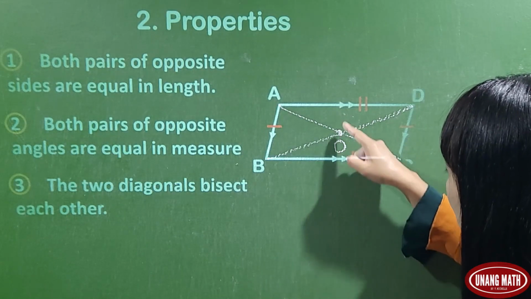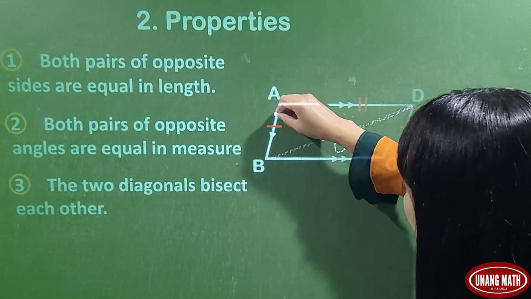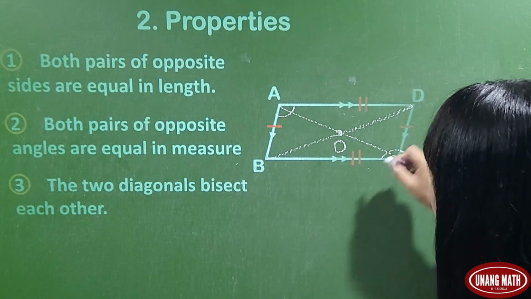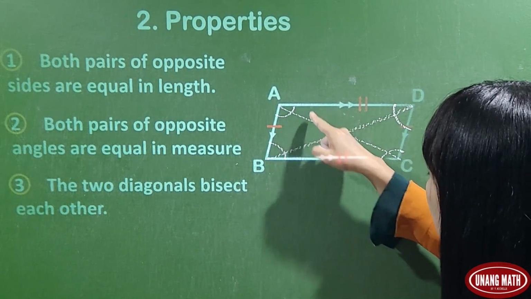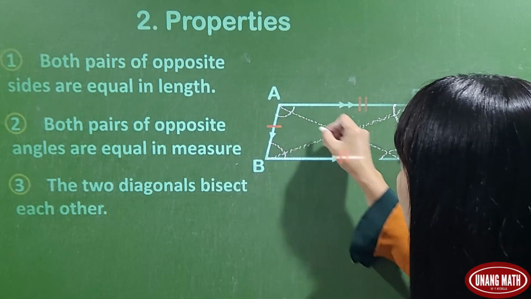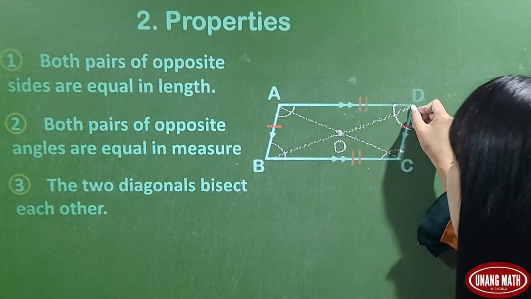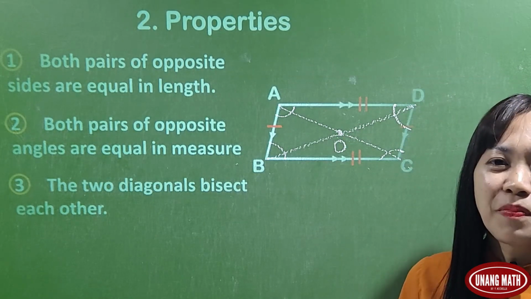And these pairs of opposite triangles are congruent. Take note, this angle is equal to this angle, this is equal to this angle. So this triangle is opposite to this triangle, and these are congruent. This triangle AOB is opposite to triangle DOC, and these are also congruent.